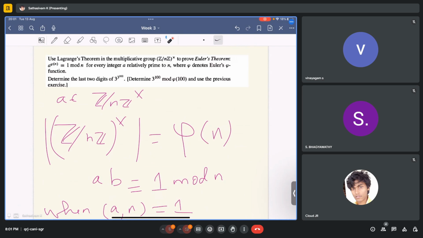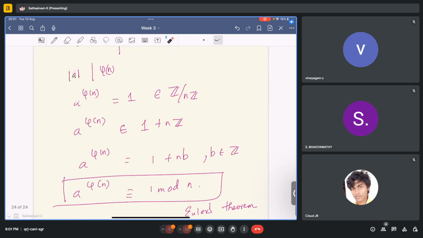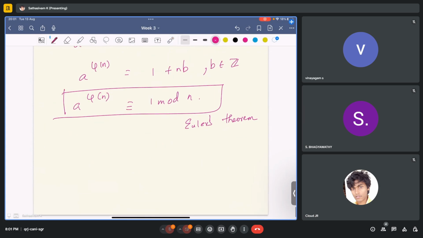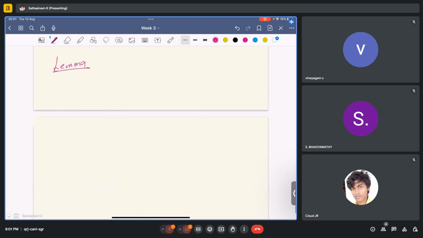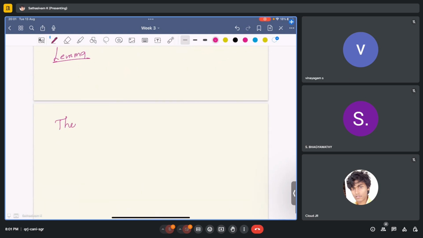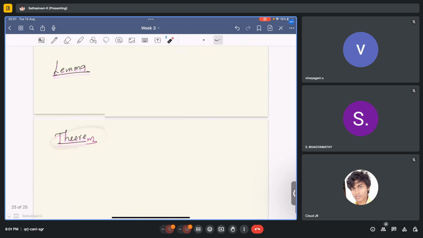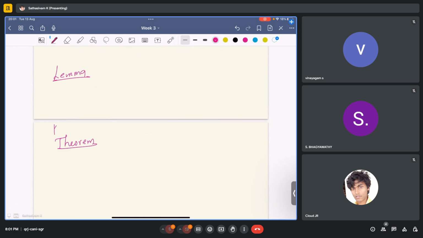I'll tell you a little bit of terminology. A lemma is a small technical part of a theorem. A theorem is what we are actually interested in. There is another thing called a proposition, which basically means something that is true.